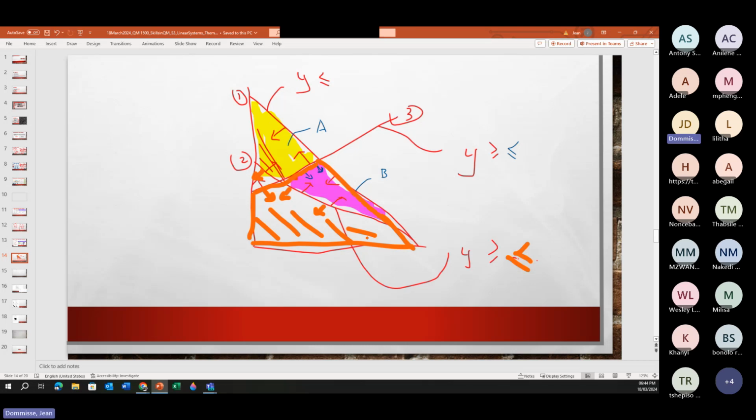So what will happen in your exam as well is that for one set of questions, you might have gotten the first one that we did, that was your three equations.